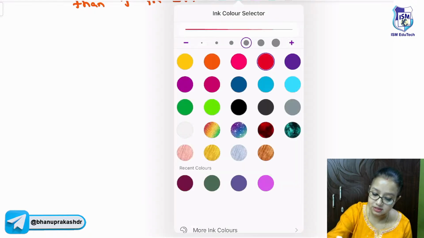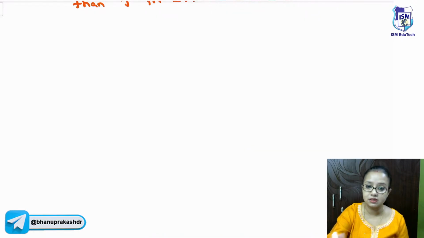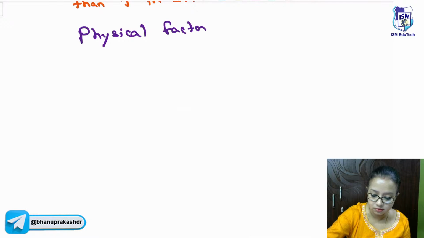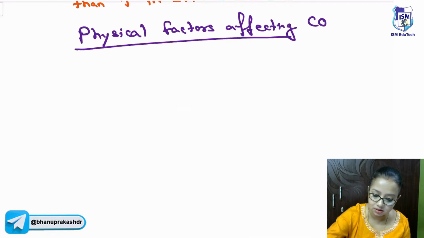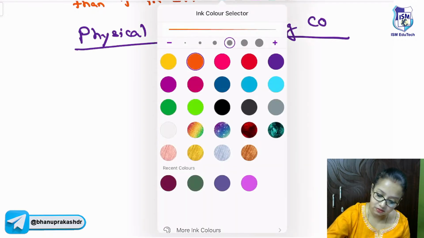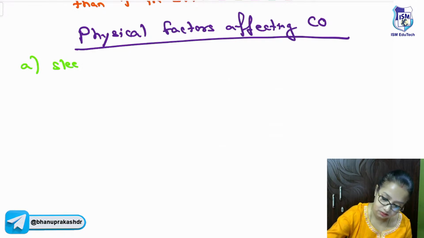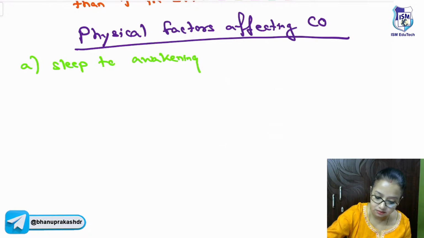Now, other physical factors affecting cardiac output. What are the physical factors? Number one, sleep to awakening.